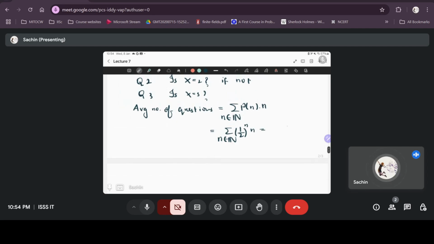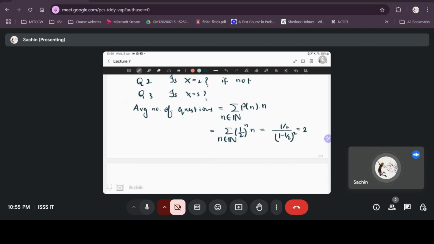So this summation, using the formulas that we saw earlier, will be equal to 1 over half over 1 minus half whole squared, which is nothing but 1 over half, which is 2. So on average, you will need to ask two questions to find in which toss the first heads occurred, which is also equal to the entropy.